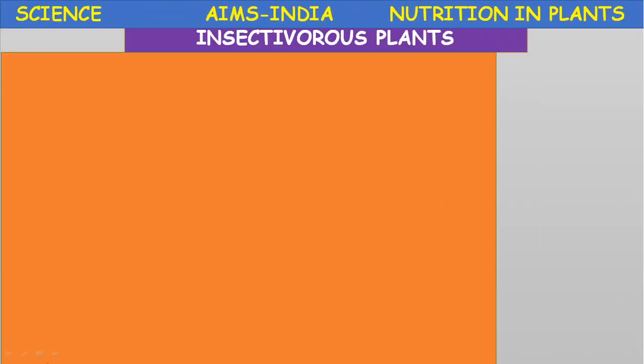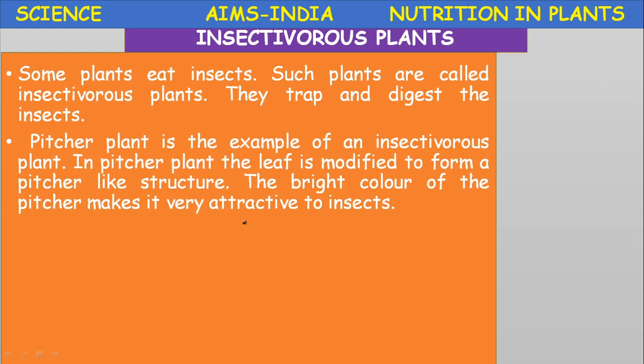Insectivorous plants, the name itself is indicating insectivorous, means the plants which feed on insects. Some plants eat insects, so such plants are called insectivorous plants.